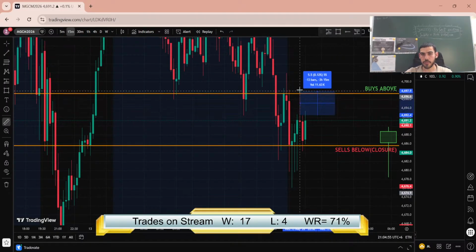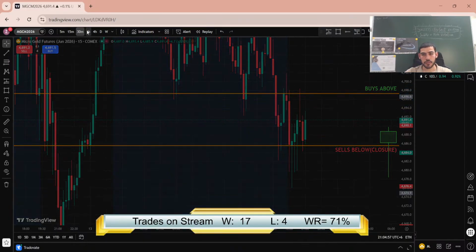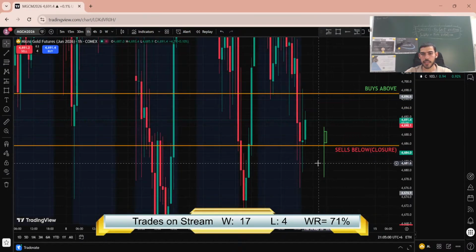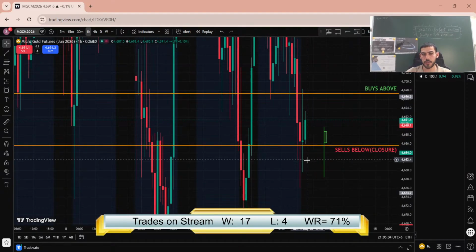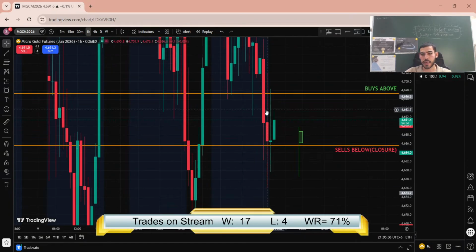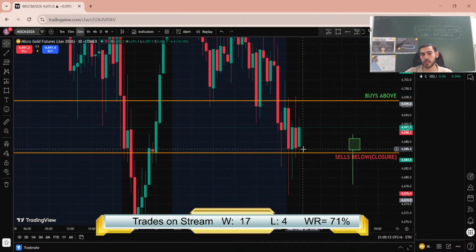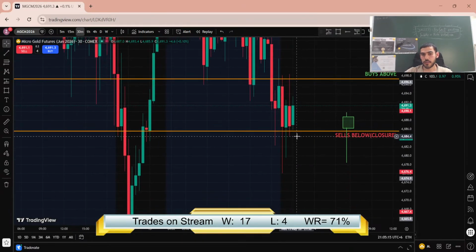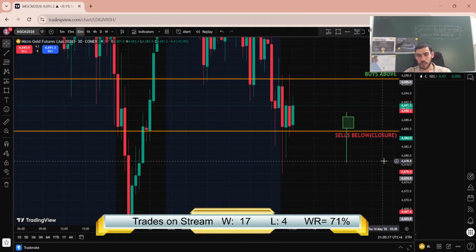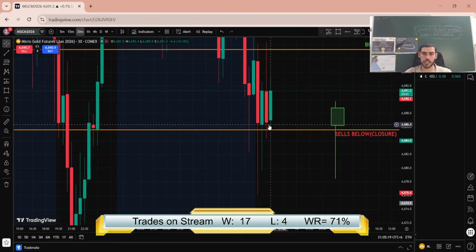The next 15-minute candle can break above, because in here, the 1 hour closed bullish but a little bit weak bullish. This candle indicates a strong rejection on the 1 hour, and on the 30-minute, oh wow, we can see that it closed in the range.